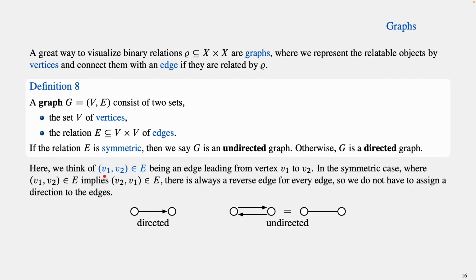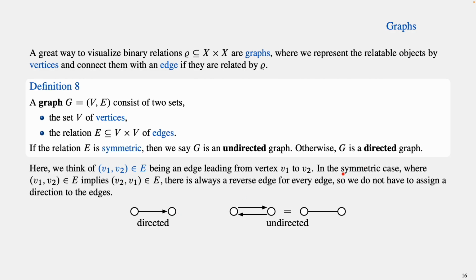Here we think of the pair V1, V2 in the set of edges as representing an edge leading from vertex V1 to V2. So in this situation, if this is vertex V1 and this is vertex V2, and we have the pair V1, V2 contained in the set of edges, then we have this directed edge from V1 to V2.